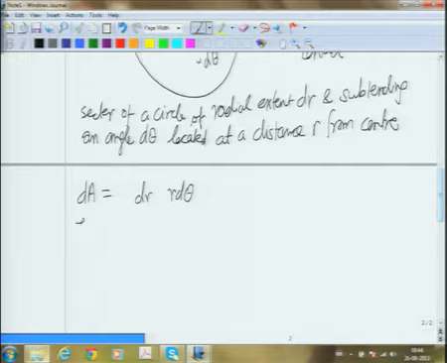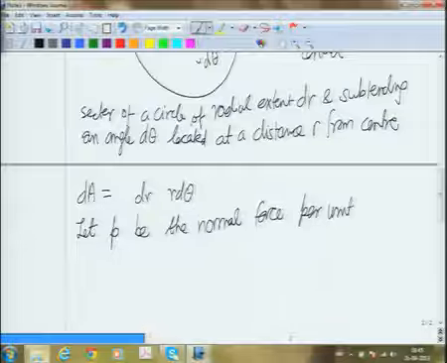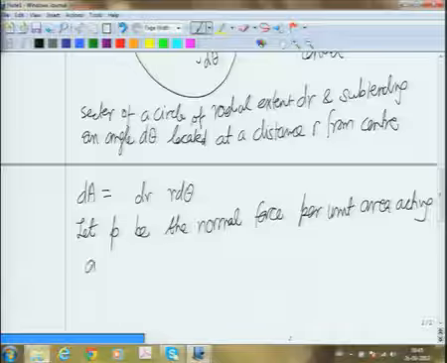So now once we have this, let small p be the normal force per unit area acting on the surface.